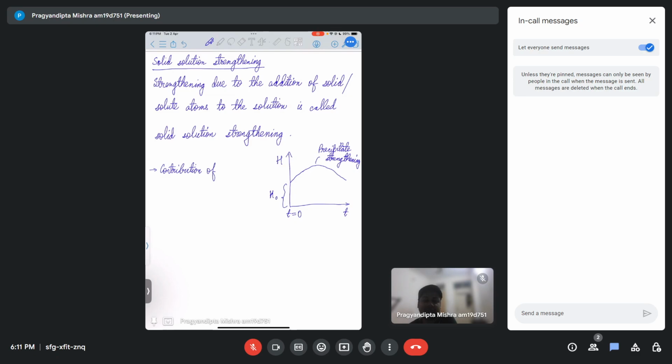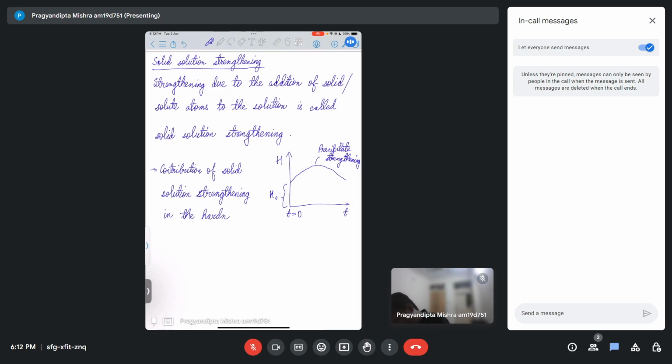Contribution of solid solution strengthening in the hardness of a given system.